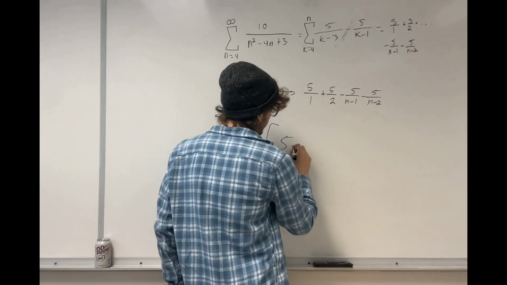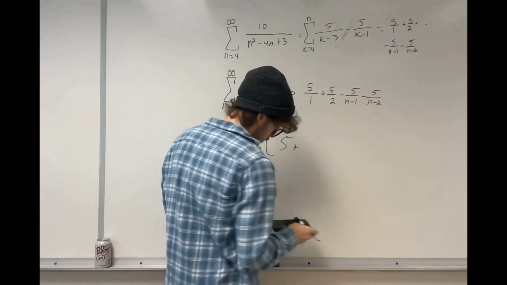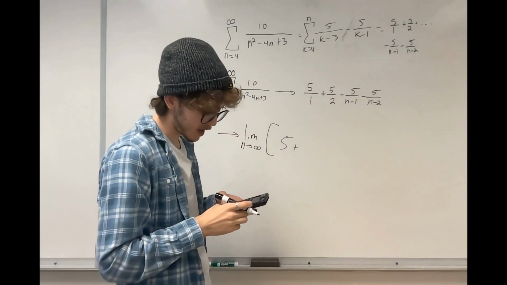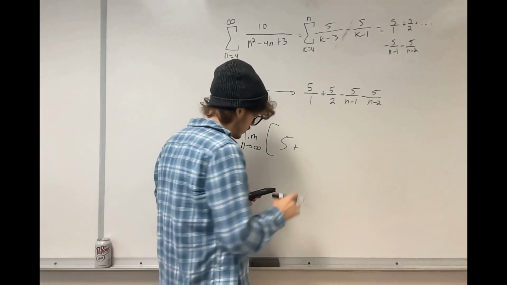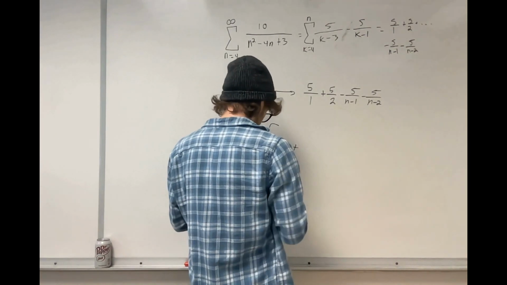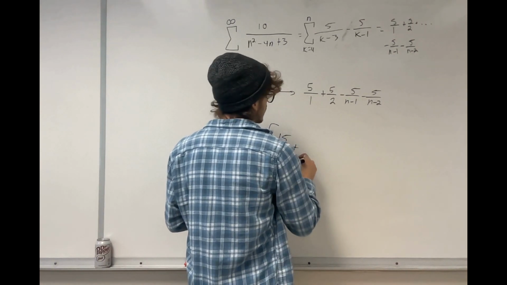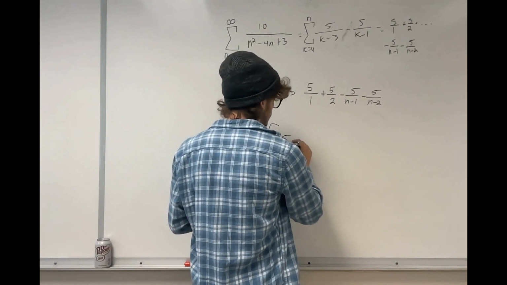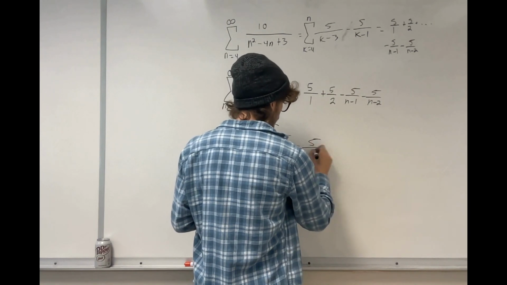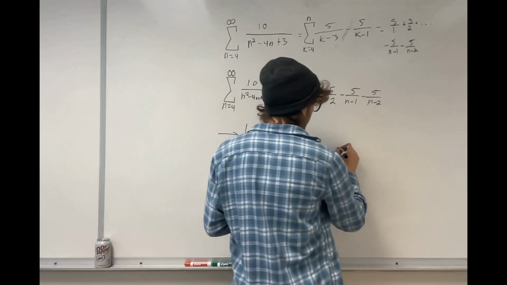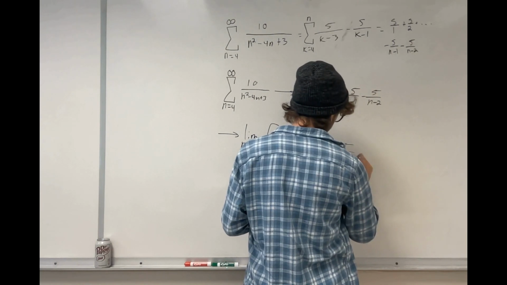So 5 plus, what's 5 over 2? I should know that, like 2.5. I am stupid. So we'll say plus 5, 15 over 2. We'll subtract that by 5 over n minus 1 minus 5 over n minus 2.